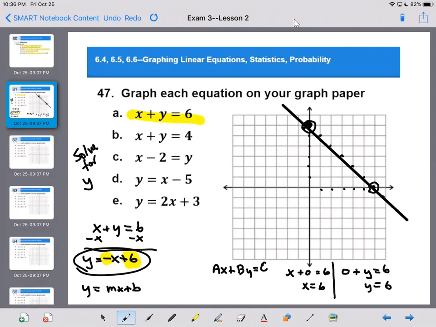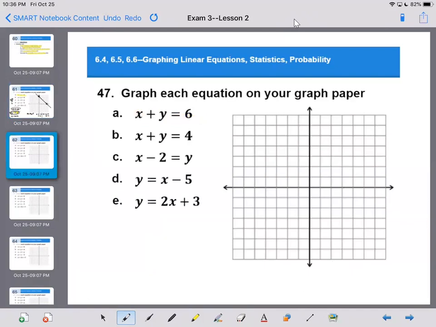The other method is to take the equation given, solve it for y, so you find your slope and your y-intercept. So the second one, let's look at part B. x plus y equals 4. Let's go ahead and solve it for y. So let's subtract x on both sides. We get y is equal to negative x plus 4.